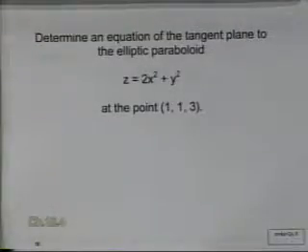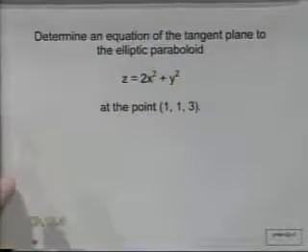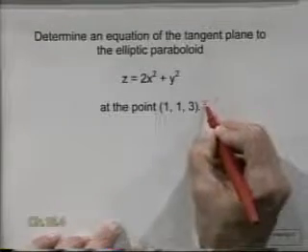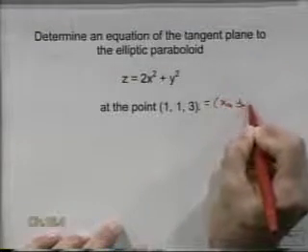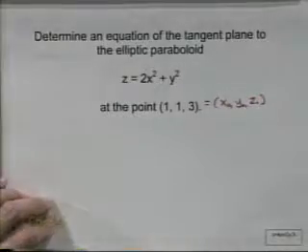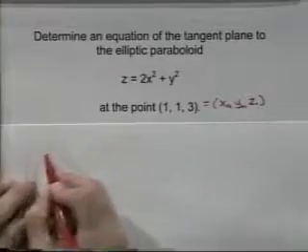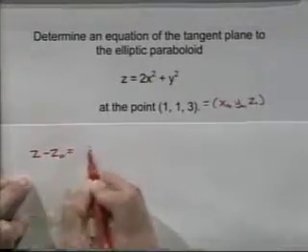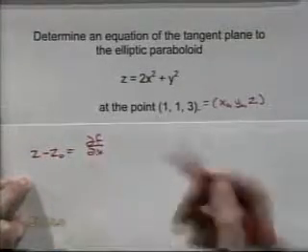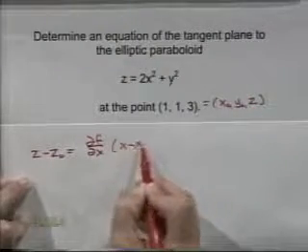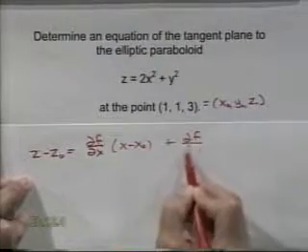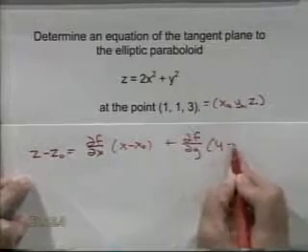Determine the equation of the tangent plane to the elliptic paraboloid z equals 2x squared plus y squared at the point 1, 1, 3. This is our particular point. Okay, our equation is z minus z naught equals the partial of f with respect to x evaluated at the particular point times x minus x naught plus the partial of f with respect to y times y minus y naught.